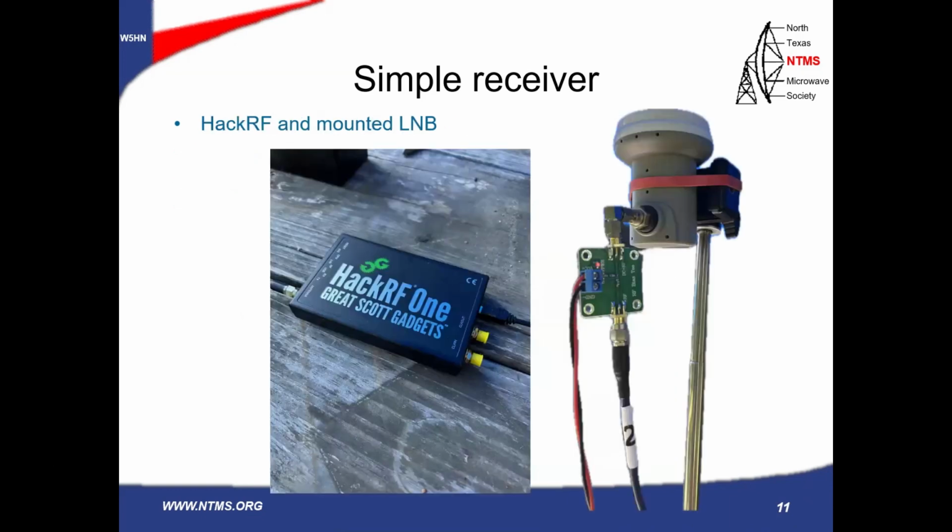And here's my setup. It's very simple. I used a HackRF, but you can use an RTL-SDR. This is literally on the back porch on the picnic table. On the right side, you see the bias T. You see the LNB. It's attached to a vertical support, pointed straight up. I tried to aim this thing.